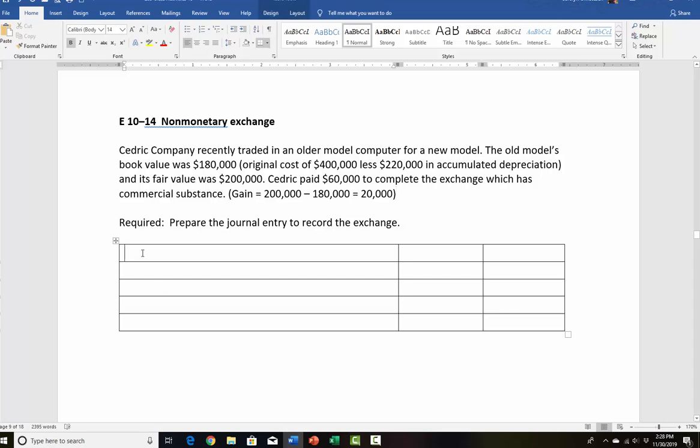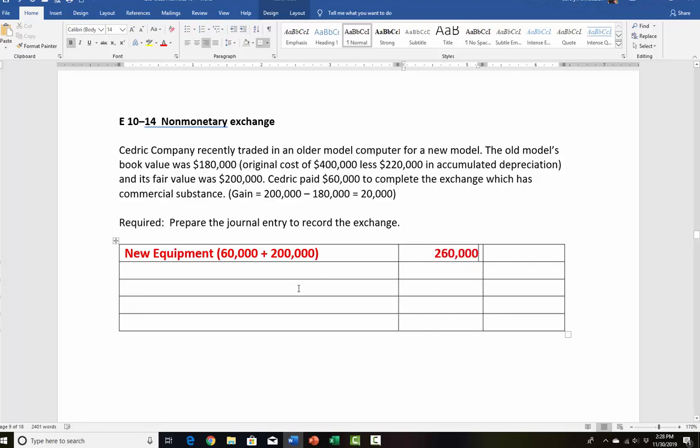Let's call it new equipment and old equipment just so we can differentiate them. The basis or the cost of the new equipment is $60,000 in cash plus the $200,000 value of the old computer that we gave up. So we're going to debit our new computer for $260,000.